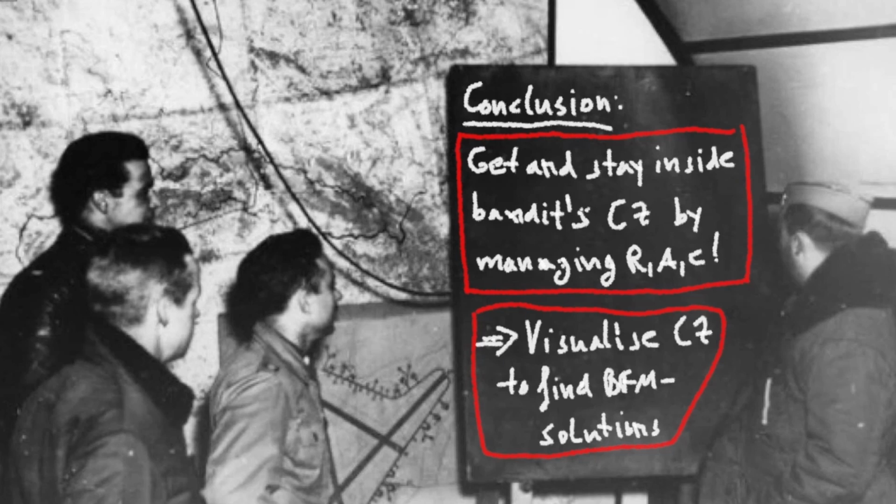And as stated before, if you keep a certain minimum distance to the target, then you can manage whatever he throws at you. Okay, in terms of staying in control and staying inside that control zone, you will find it much easier to solve the BFM problems. Alright, that covers all the theory that I wanted to go over today with you. So now let's jump right into the practical examples.